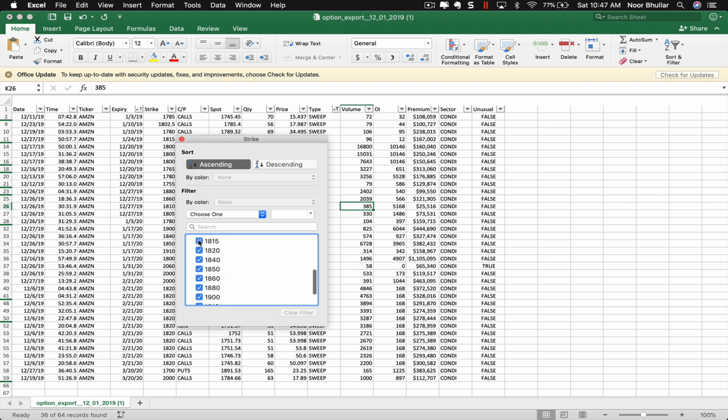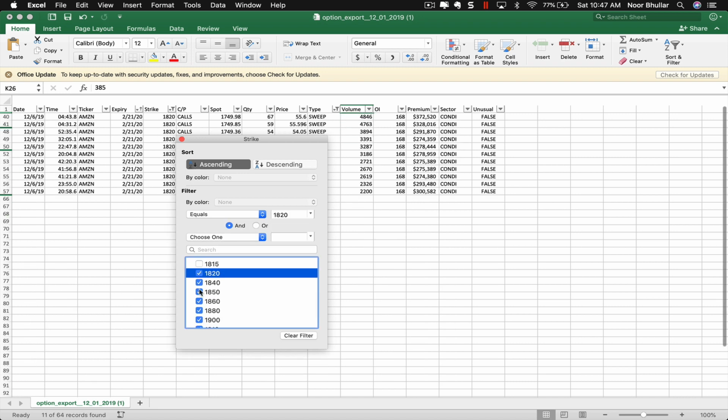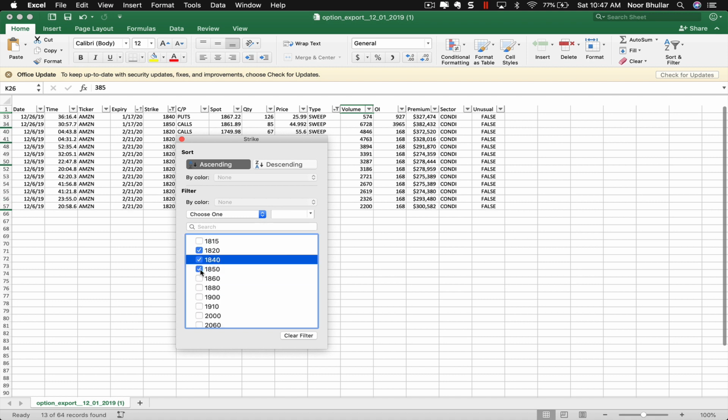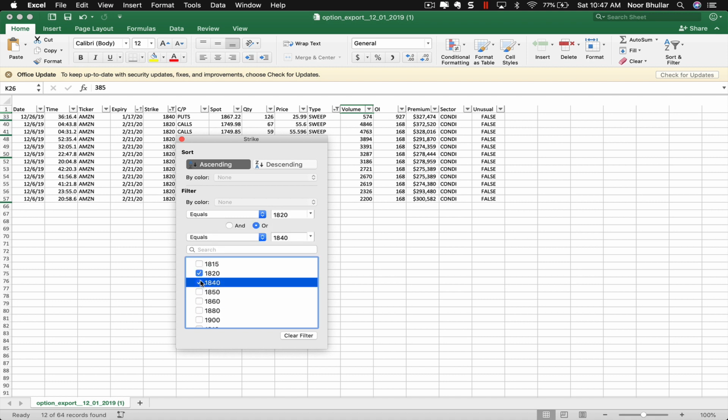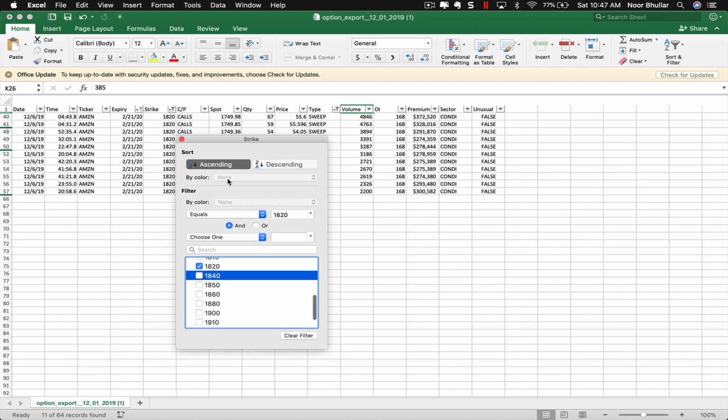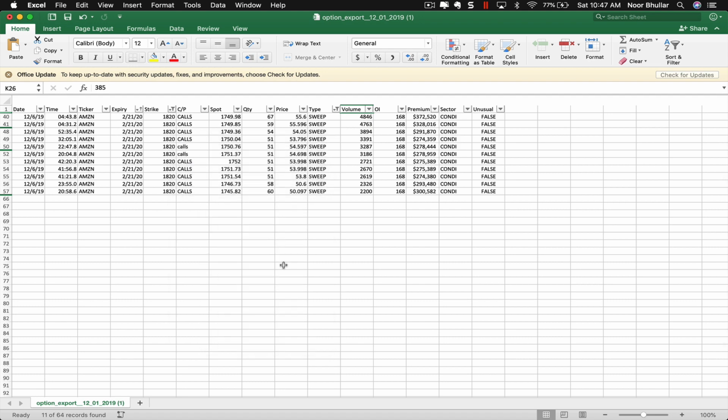I want to get rid of all of these as well. The only thing that I'm interested in is the 1820s, right? So that gives us a little bit more concise information.